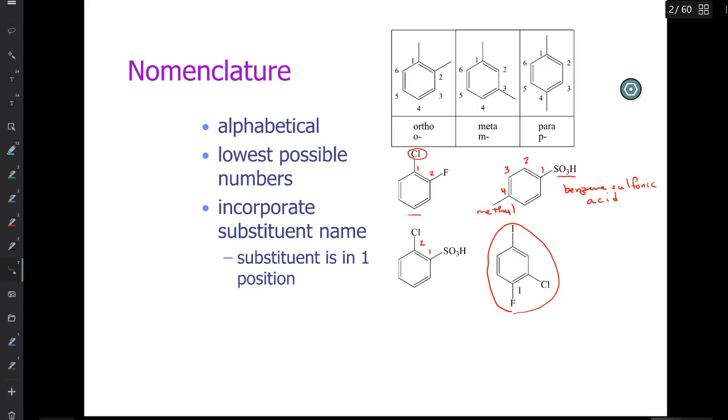If I start on chlorine, it would be 1, 2, 3, 4, 5. So now instead of being on the second substituent, we're going to the third substituent in its numbers. So we're going to start with the 1 on the fluorine. So this would be 1-fluoro, 2-chloro, 4-iodo benzene.